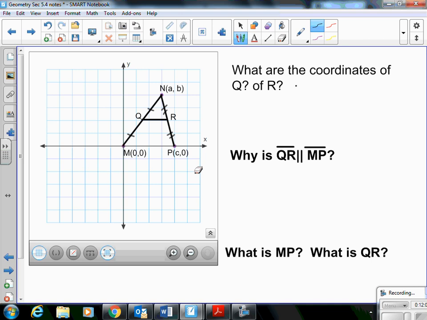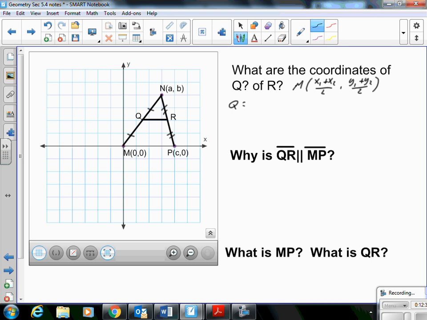All right, so this is just the midpoint formula. X1 plus X2 over 2, Y1 plus Y2 over 2. So for Q, the x's we're dealing with are a and 0.